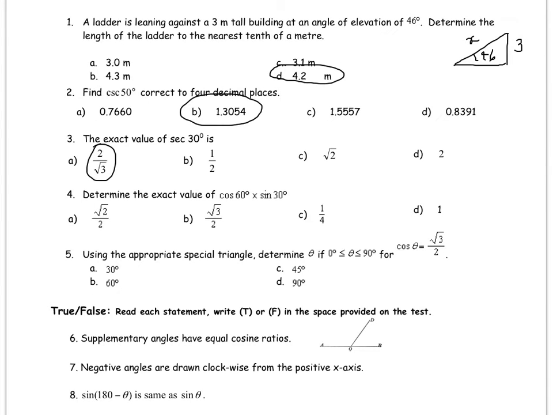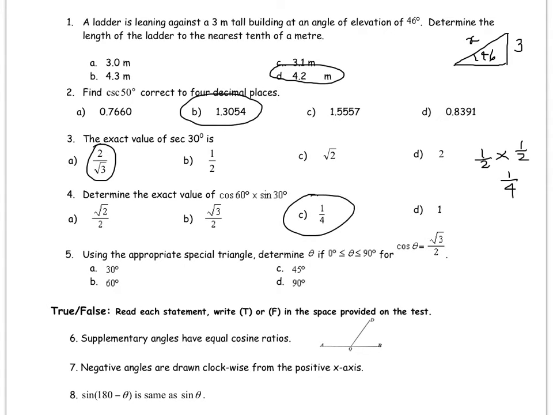The next question asks us to find cos 60 times sine 30. Sine 30 is 1 over 2. Cos 60 is the same, which is 1 over 2. So 1 over 2 times 1 over 2 is 1 over 4.